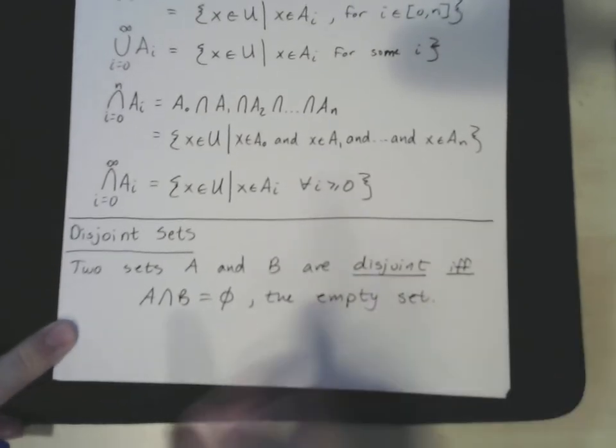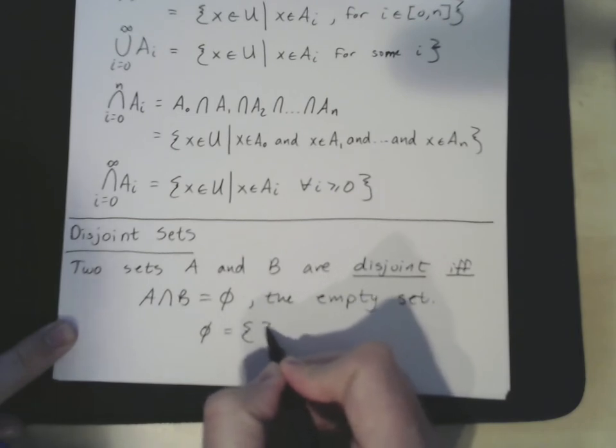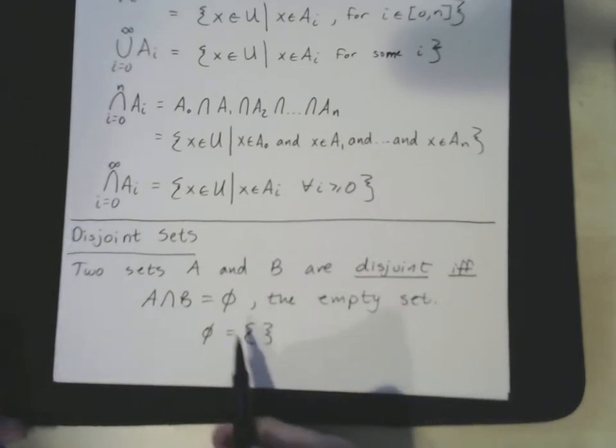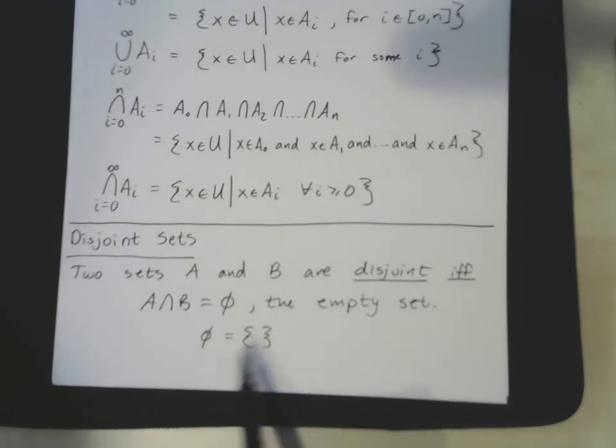So the empty set, you can write it like this, or you can write it like this with empty curly braces. But this means it's the set of nothing, not the set of 0, not the set of the 0 element. It's the set of nothing. There's nothing there. So if you're in the habit of writing your zeros with a slash through them, you must stop this now.